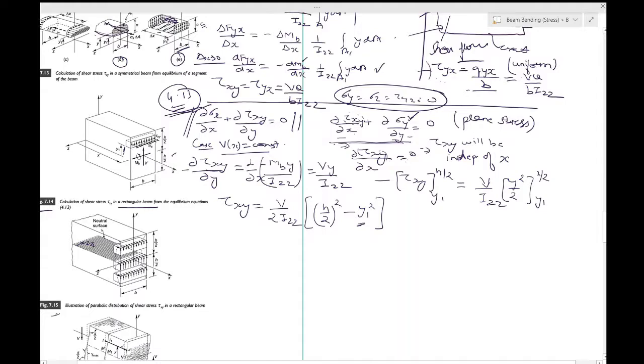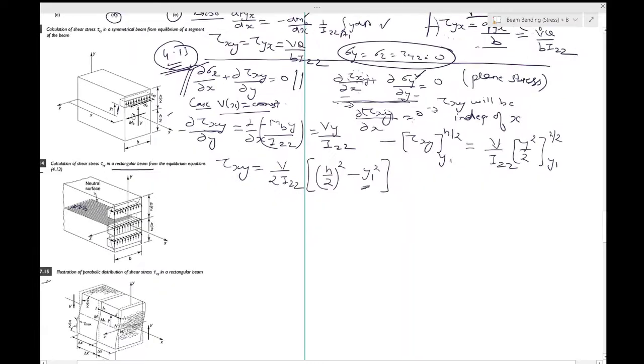So that's something which has been done in figure 7.15. Now if we want to calculate the shear strains for this rectangular beam, how would we go about it? Let's see that.